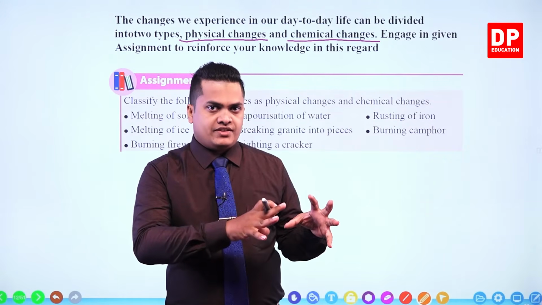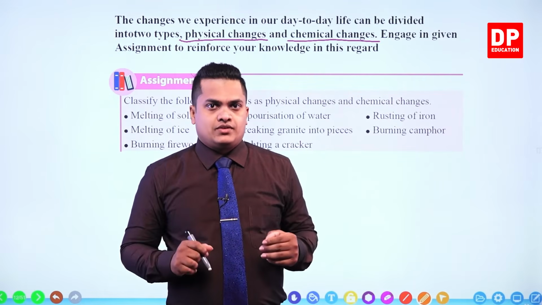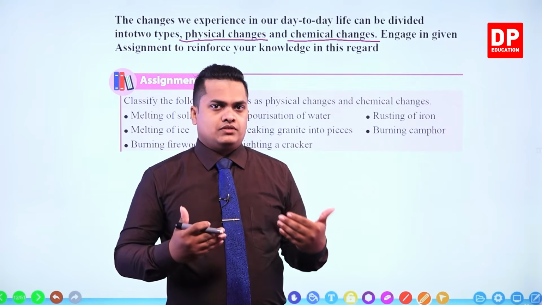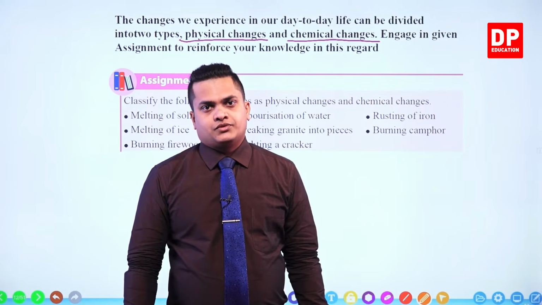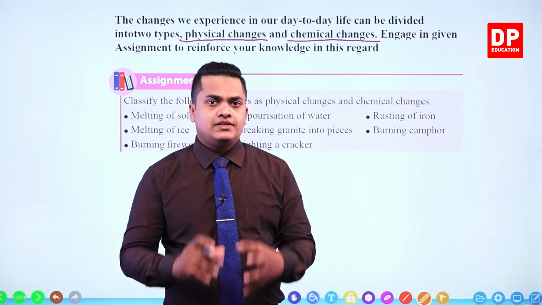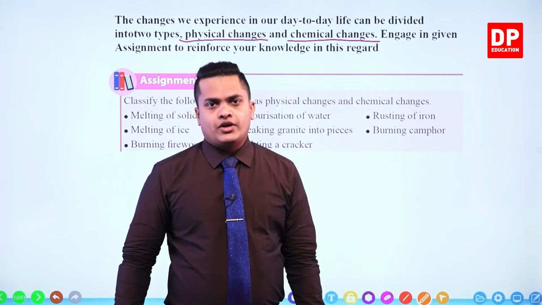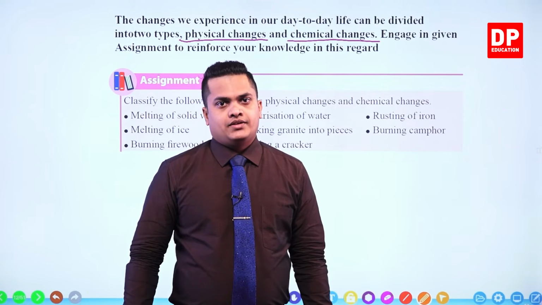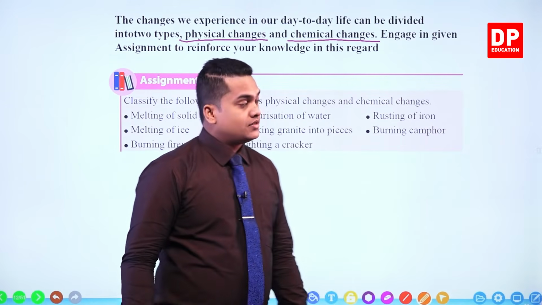With 2 distinctive experiments we discussed those things, and we took the observations related to the experiments also. So we have identified what a physical change is and what a chemical change is. In day-to-day life also, materials undergo these 2 changes, physical changes and chemical changes.